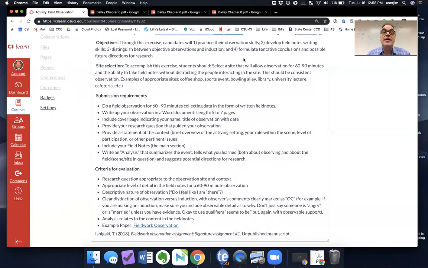The objectives, as I said, practice our observational skills, develop the note-taking, and the only way to develop note-taking is to practice. You just have to develop your own skill that works for you and then keep relying on that. And the big point here is distinguishing between an objective observation and an inductive hunch that you have.